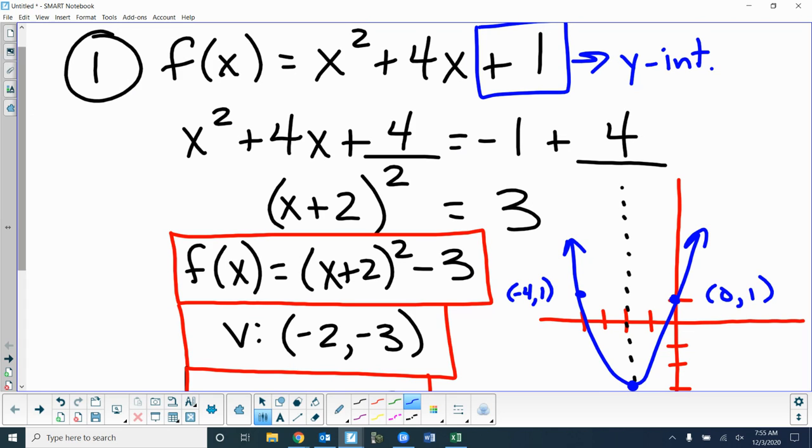Kind of hard to get it all on one board there. So the first thing we did, again, was using the completing the square method. We're good? All right, number 2, I'll do the same method.